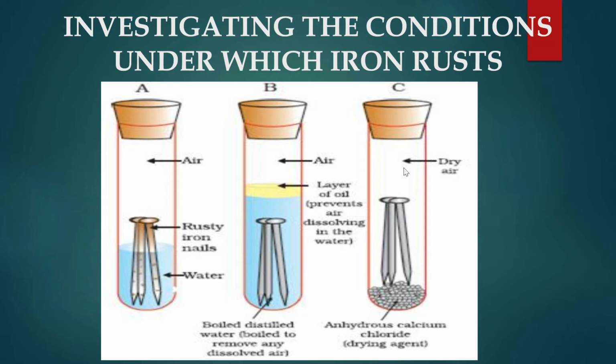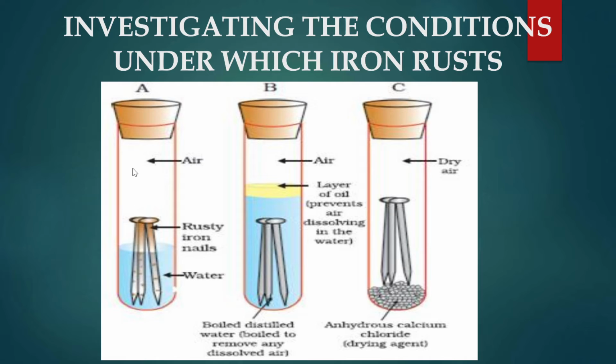Okay. After a week or so, when you observe it, we see that the nails are rusted only in test tube A, whereas the nails in test tube B and test tube C do not get rusted. Why?